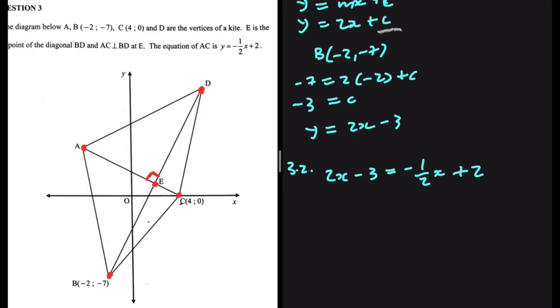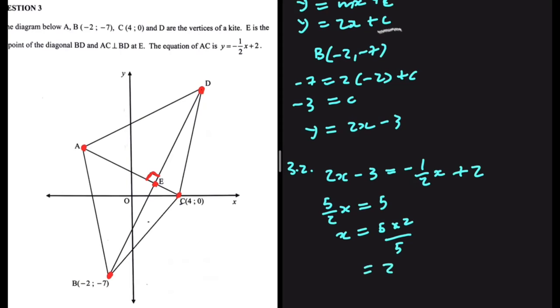So minus 1 divided by 2x, if we take that to the left-hand side, we're going to have 5 divided by 2x being equal to, on the right-hand side, 2 plus 3. So this is equal to 5. So x is equal to 5 multiplied by 2 divided by 5. x is equal to 2.